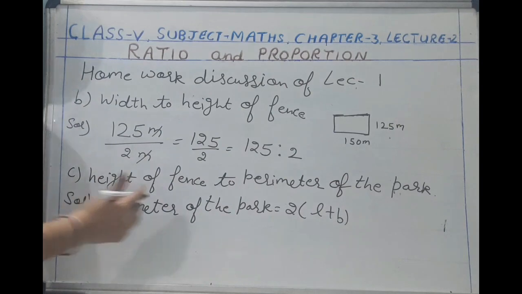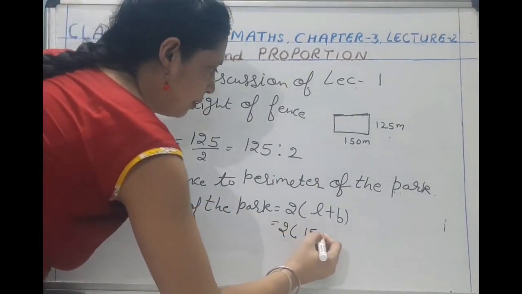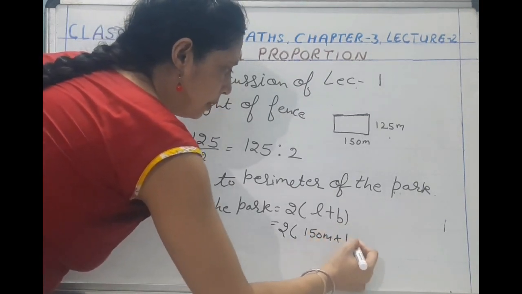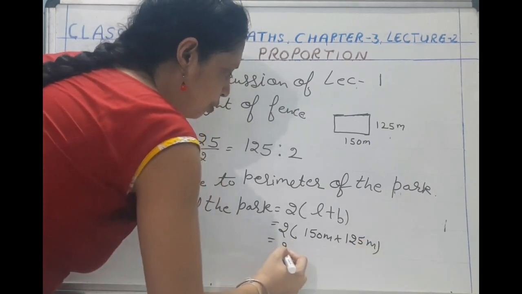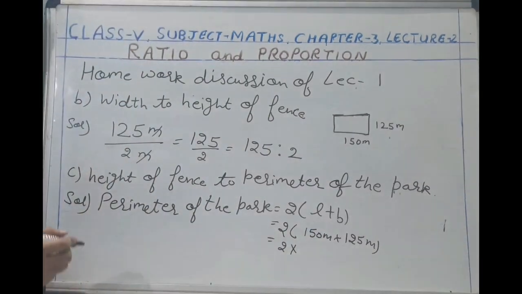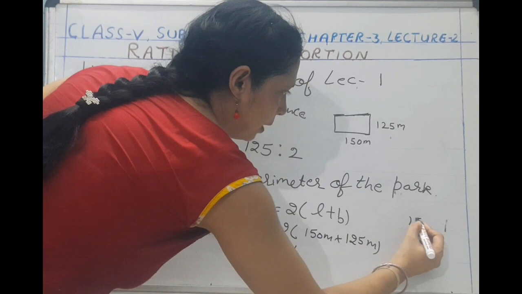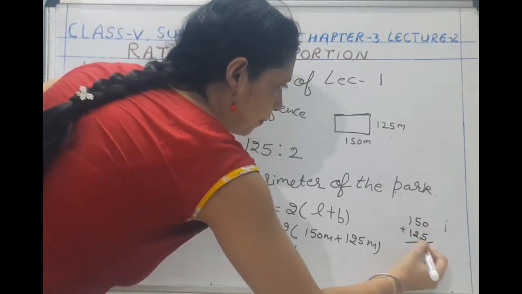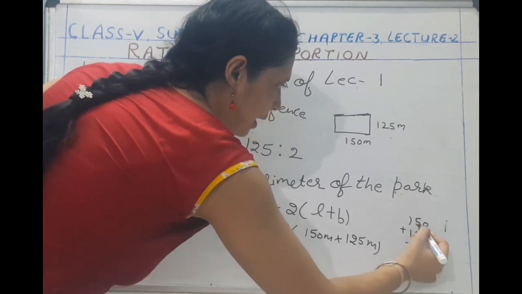So now 2 bracket length 150 meter plus breadth 125 meter is equal to, bracket means multiply, 150 plus 125. Do addition in rough. 150, 125. Add this. 5 plus 0, 5. 5 plus 2, 7. 1 plus 1, 2.